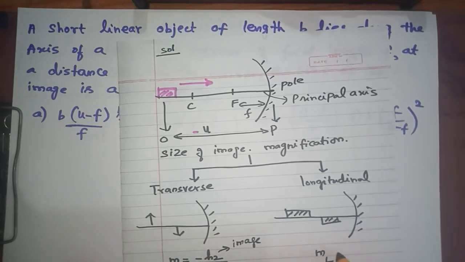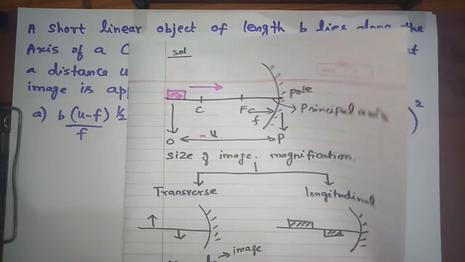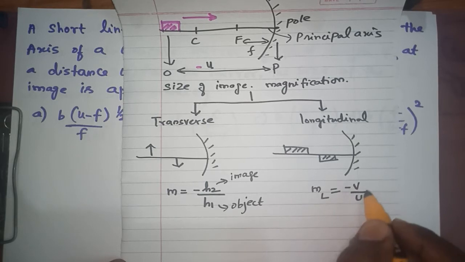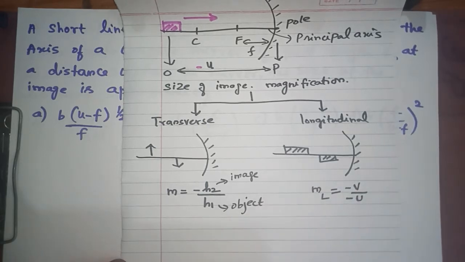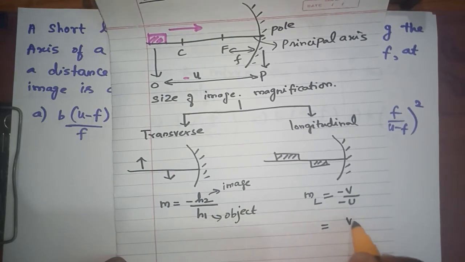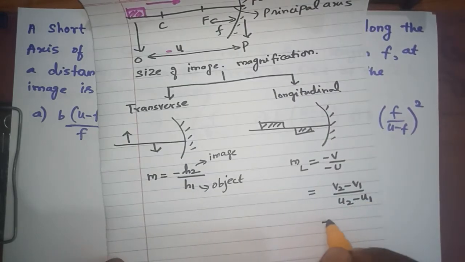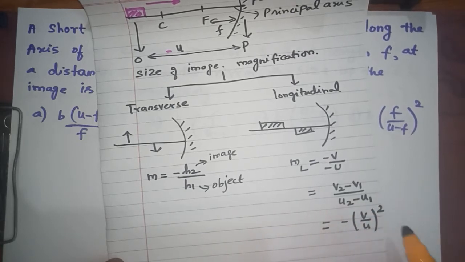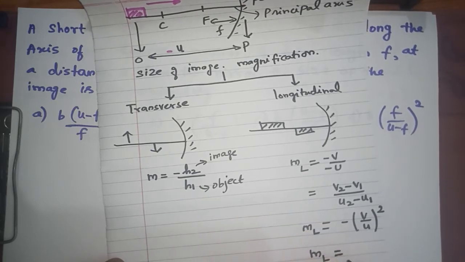Longitudinal magnification is equal to minus v by minus u, which is the difference v2 minus v1 by u2 minus u1, given in the form of minus v by u the whole square. So this is m of L, and I can write the magnification as m of L equal to minus m square.